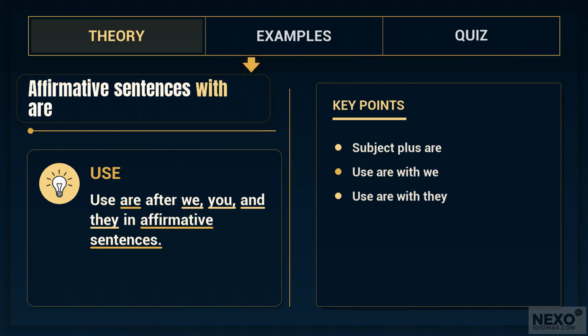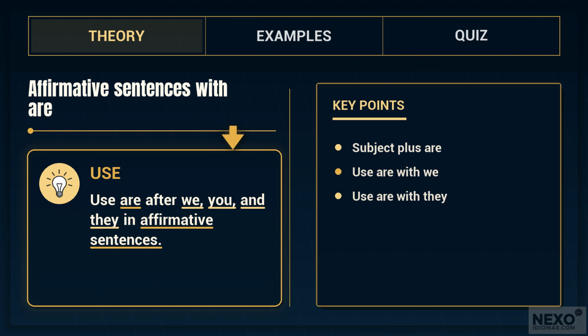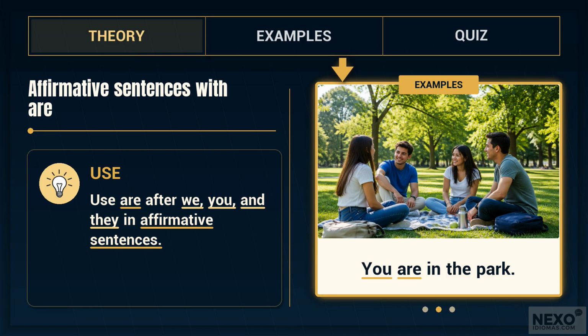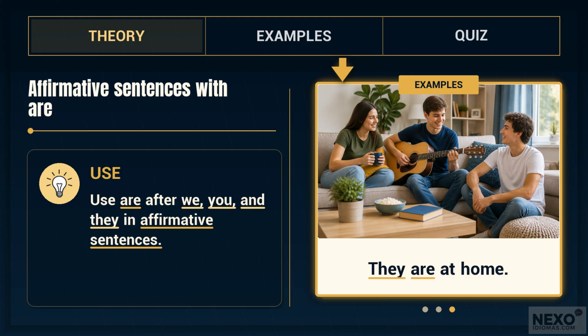Affirmative sentences with are. Use are after we, you, and they in affirmative sentences. Example. We are at school. Example. You are in the park. Example.